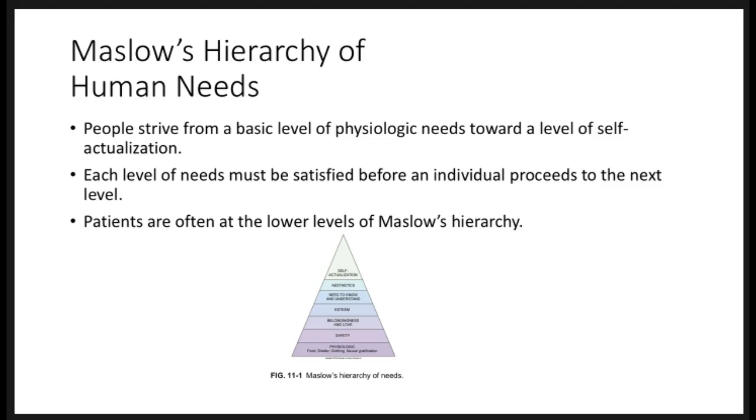There are a lot of people who, when they come into the hospital, are definitely at the lower end of Maslow's hierarchy, which means they need their most basic needs to be met, and that would be food and shelter and clothing, and then they need to feel safe. A lot of times they're not quite there yet. They don't feel safe in a hospital environment that's really unfamiliar to them. Plus they're sick, so that's an added layer of just not comfortable.